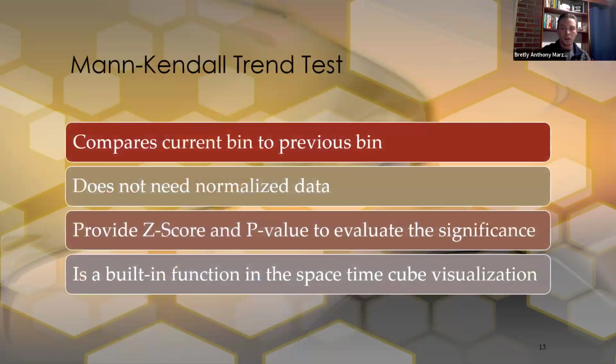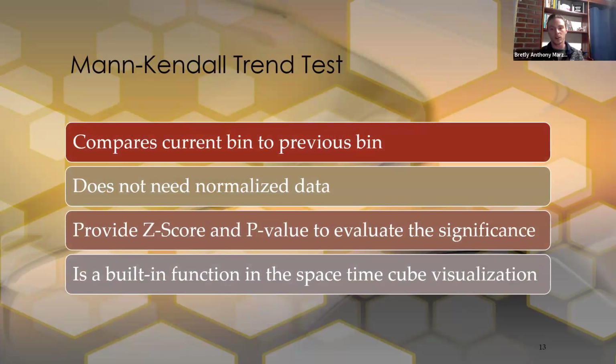So as I mentioned before, this trend test is ideal for the study because of its ability to be used on any distribution. Since I don't have a very normalized set, it was the way to go. In a Mann-Kendall trend test, the first bin is compared to the next bin.